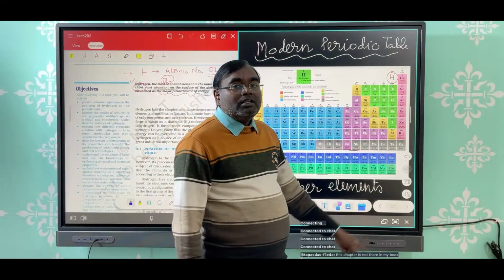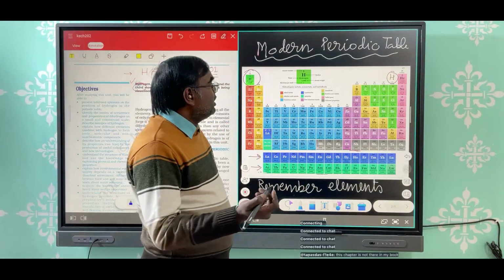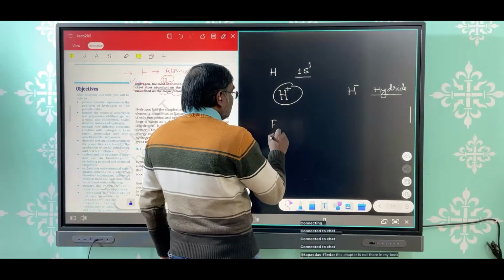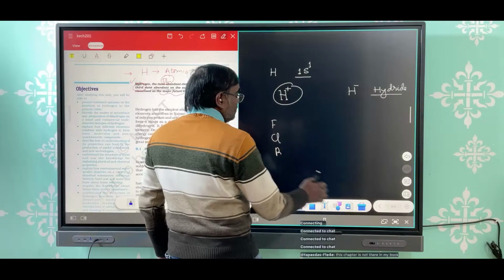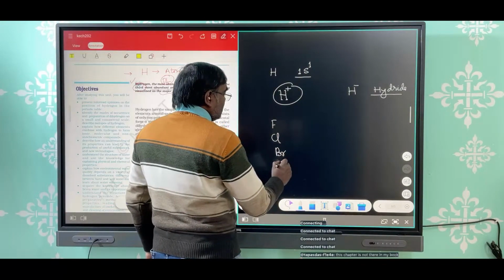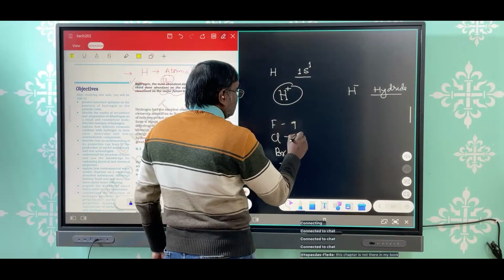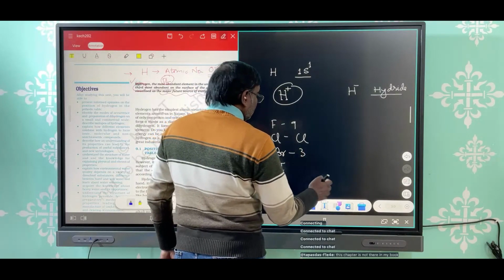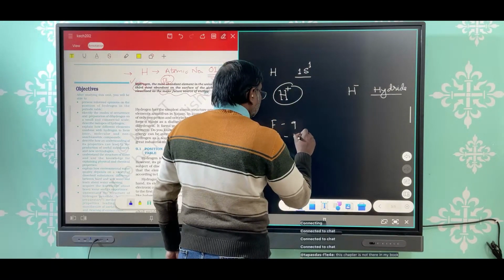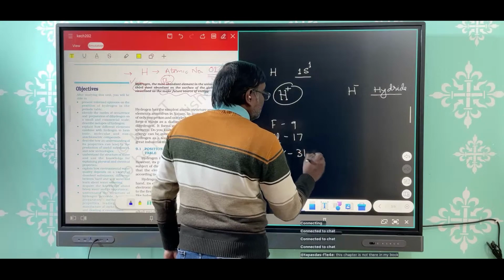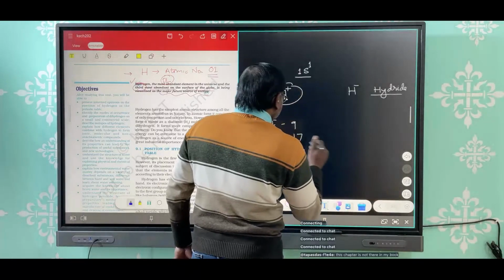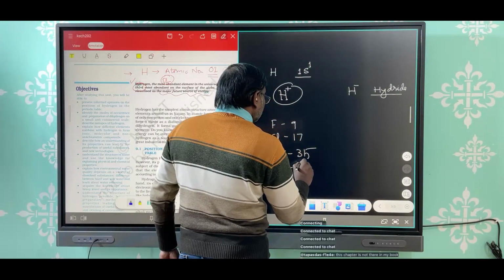Those are having the negative one valency. You know, fluorine atomic number 9, chlorine 17, bromine 35 and iodine 53.